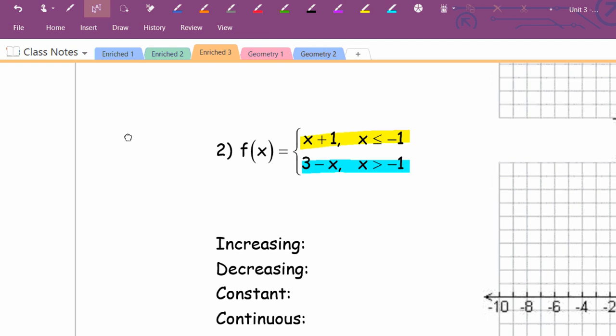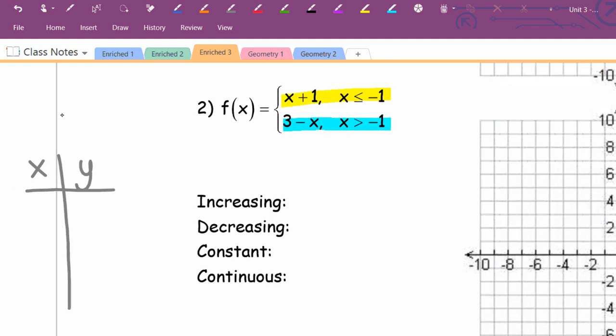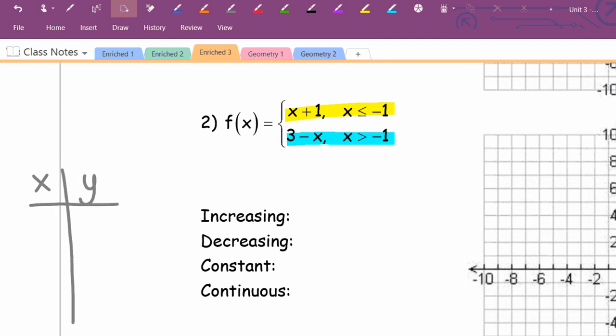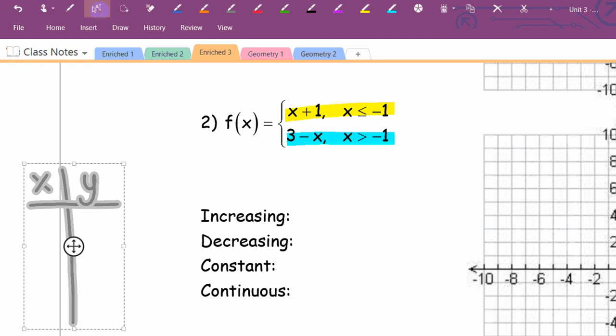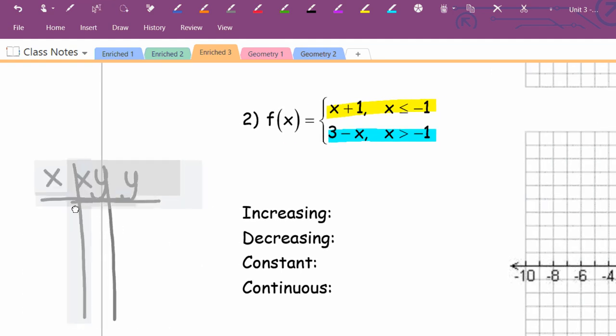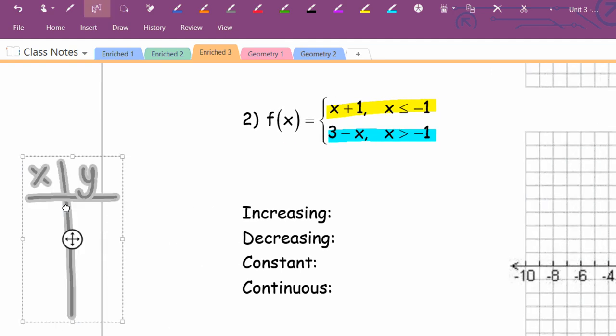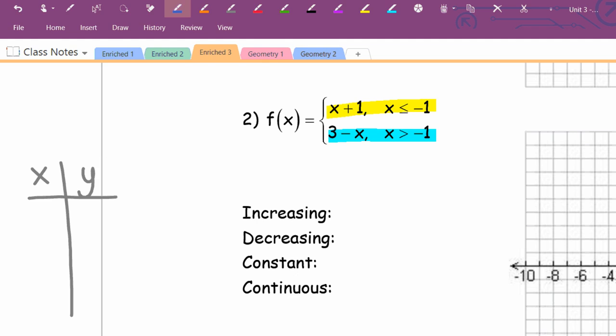Looking at this, we're going to be giving out 2 tables of values now. So I'm going to go over to the side here, and we'll do this color here. We've got an X and a Y. That's one of them, and then I'll have this one here for the blue function.